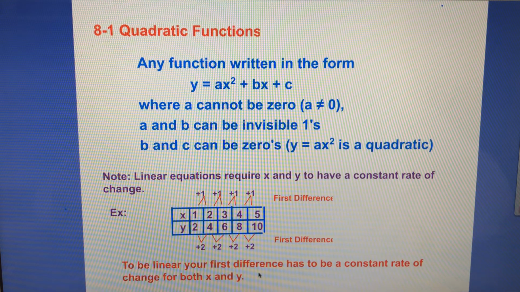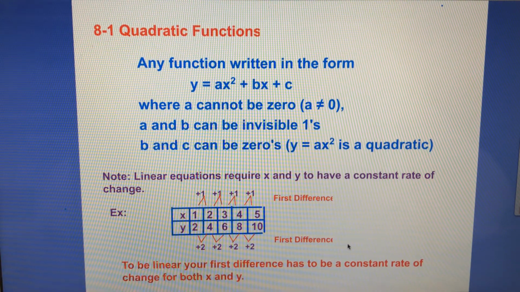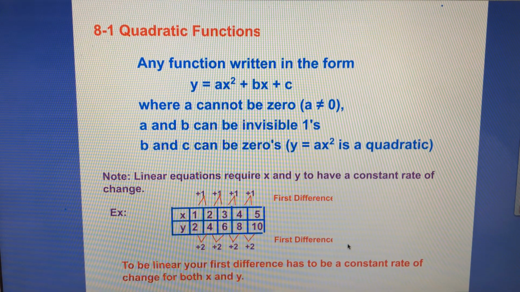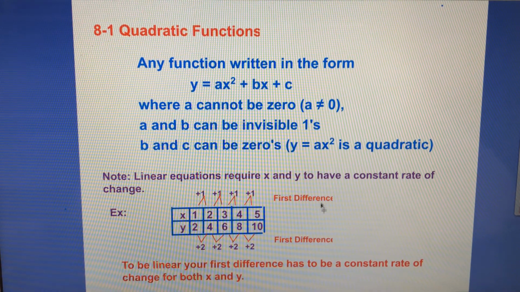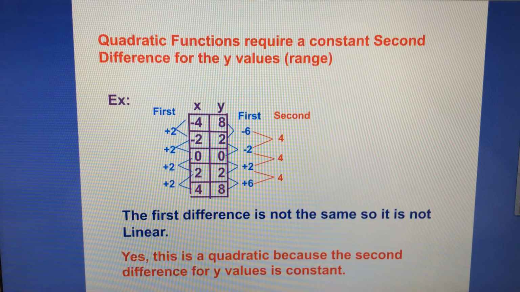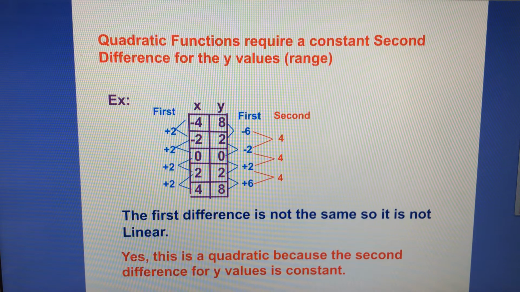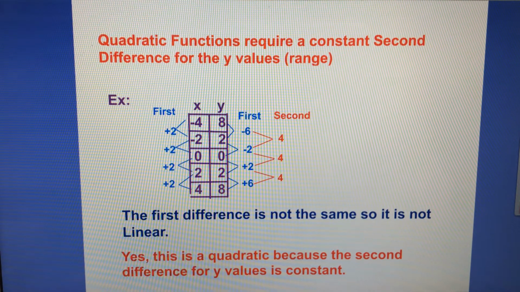In order to be linear, your first differences had to be a constant rate of change for both x and y. We used some of this knowledge also when we did sequencing. If you go back and look through notes for arithmetic sequencing, geometric sequencing, we talked a lot about first differences and second differences. In a quadratic function, the difference is a little different.